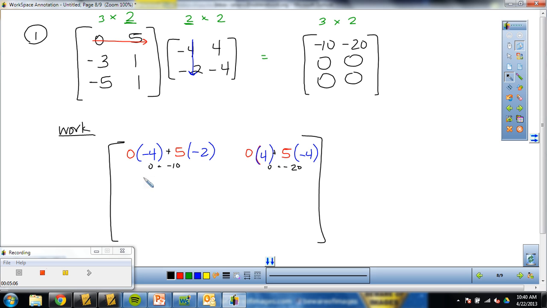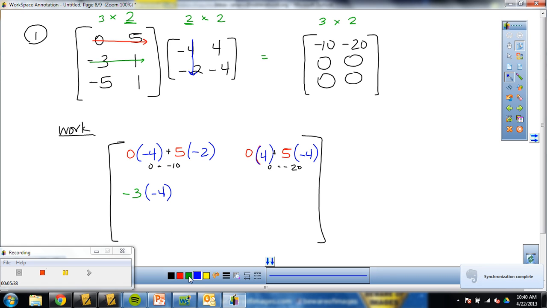All right. Now I move on to the second row. So the second row is going to use the terms negative 3 and 1. And since we're going to work in the first column first, I can move over negative 3, move down the first column, negative 4.